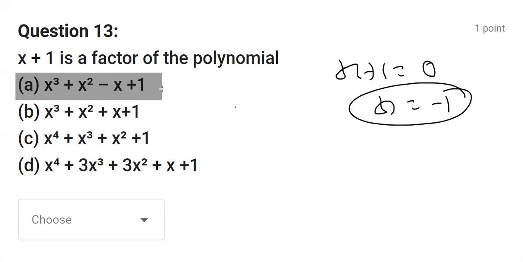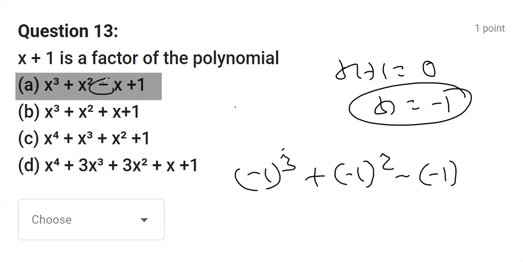In the first part, I'm replacing x with minus 1. So clearly it is minus 1 cube plus minus 1 square minus minus 1. As you can see, this minus sign is as it is, and I've replaced this x with minus 1, then succeeded by 1. Minus 1 cube, as you can see, is an odd power, so it will be minus 1.